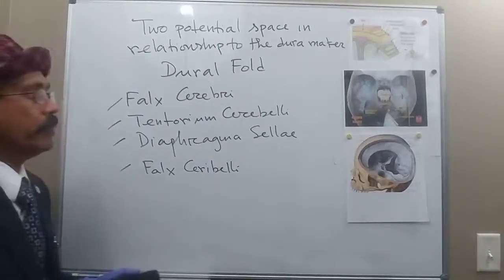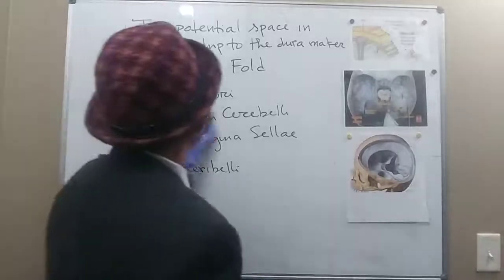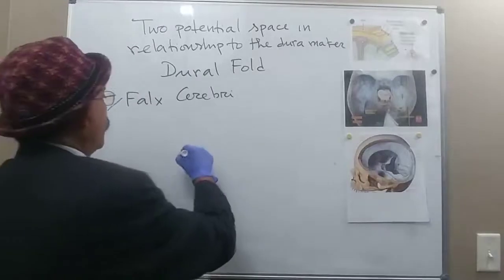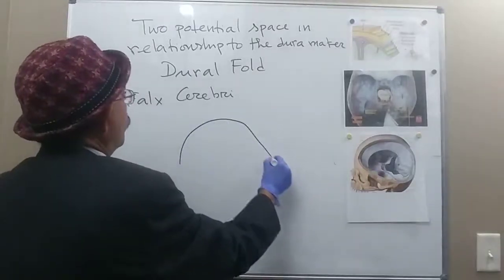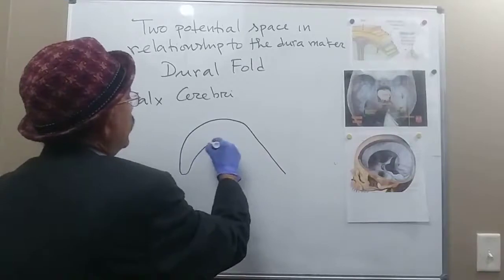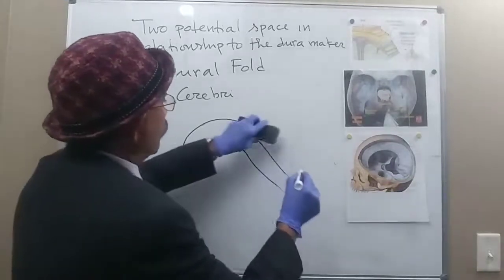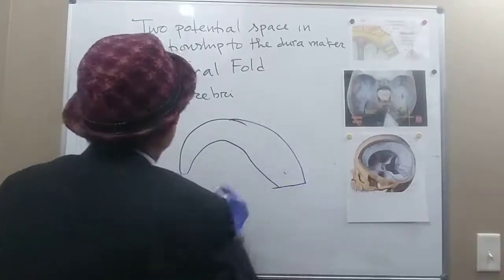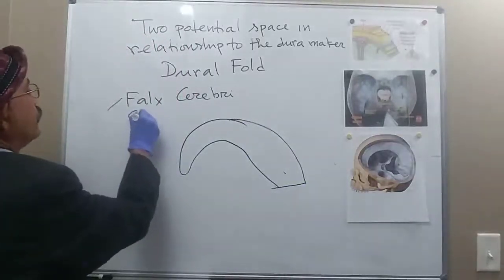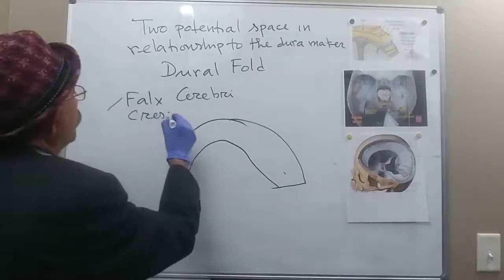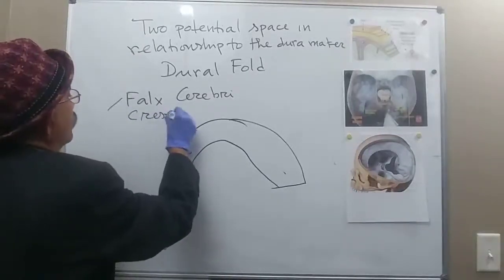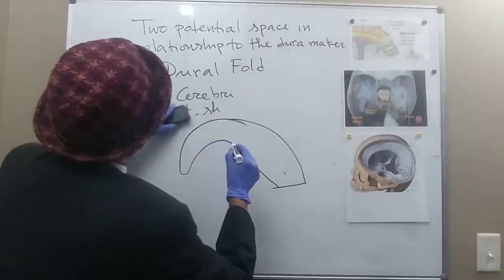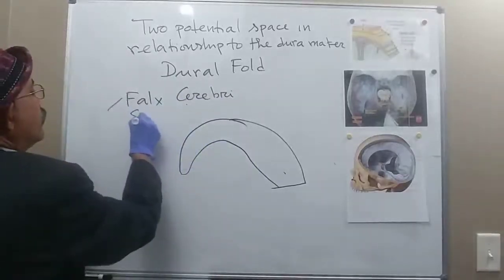Number one, Falx cerebri. What is the Falx cerebri? Falx cerebri is a crescent-shaped fold of Dura matter. We can call it also sickle-shaped, whatever you may like.